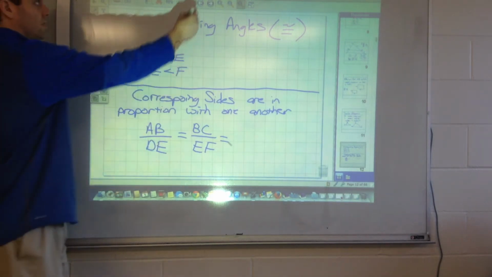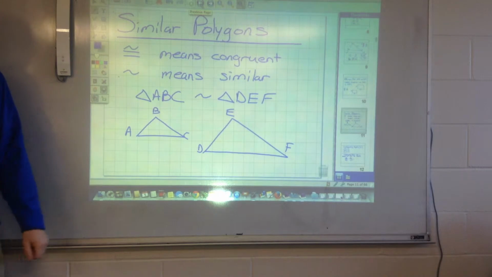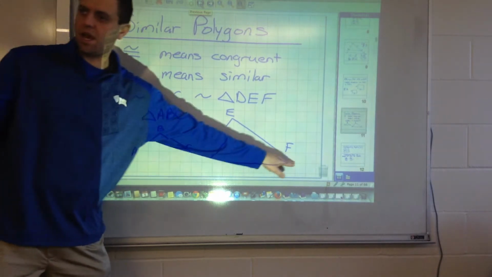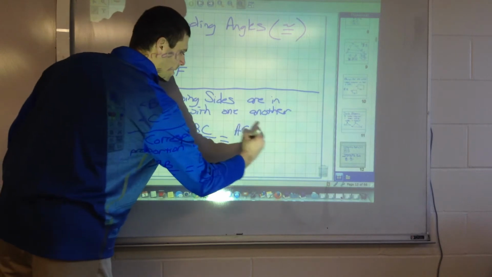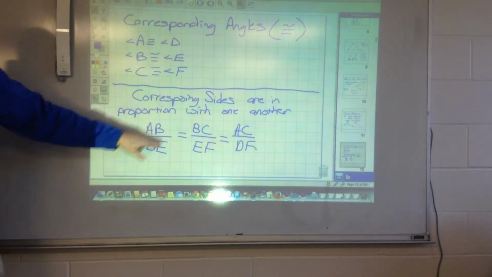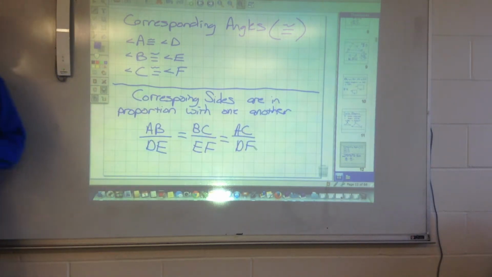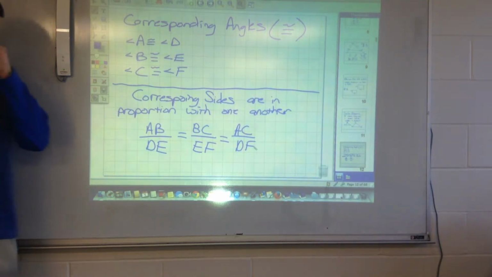Which would also be the same as AC over DF. Okay? All of those ratios would equal the same number, or the same decimal, or the same fraction, or reduce to the same thing. Alright?